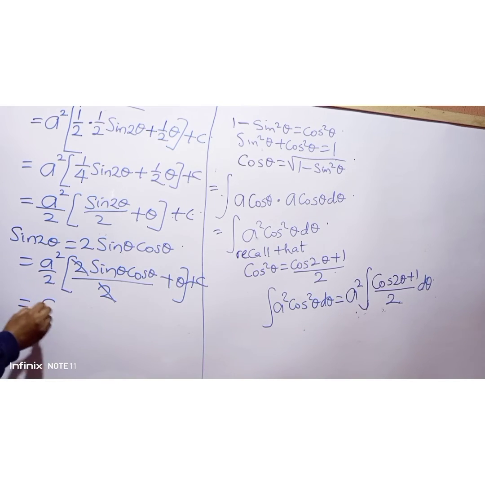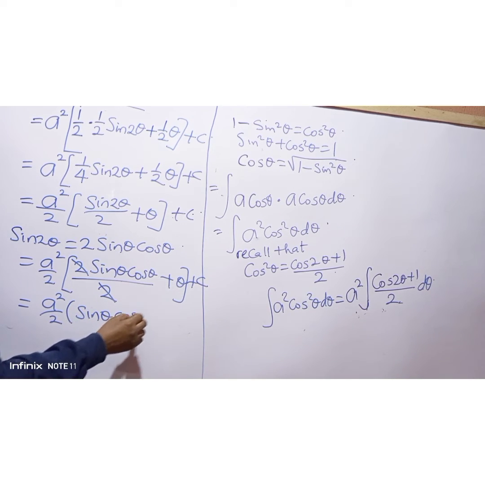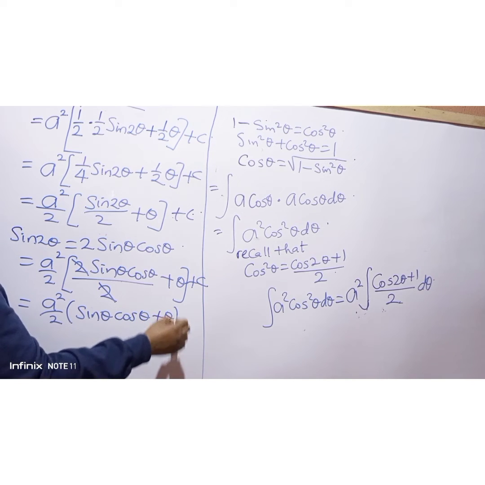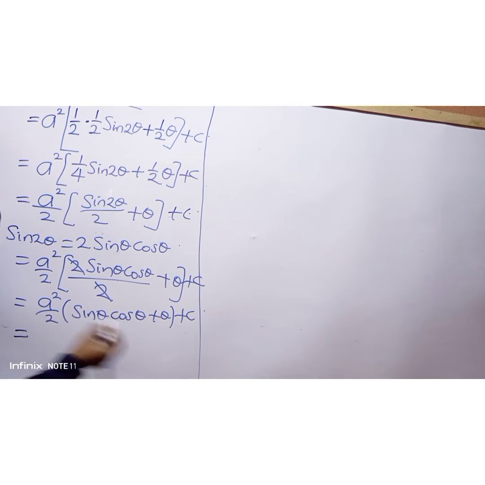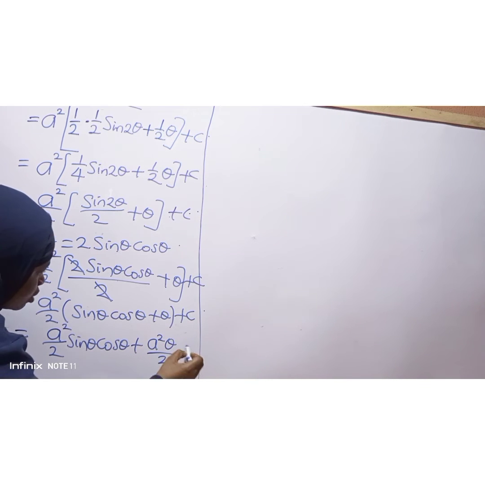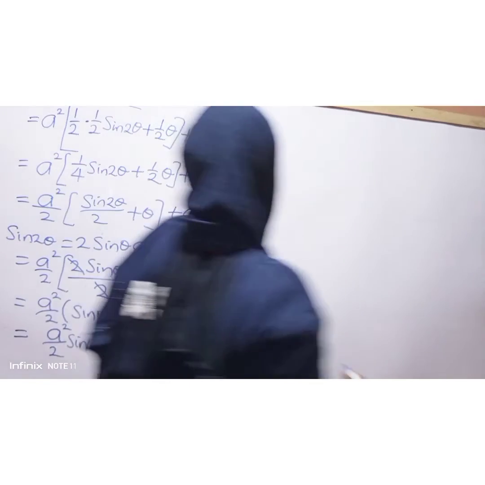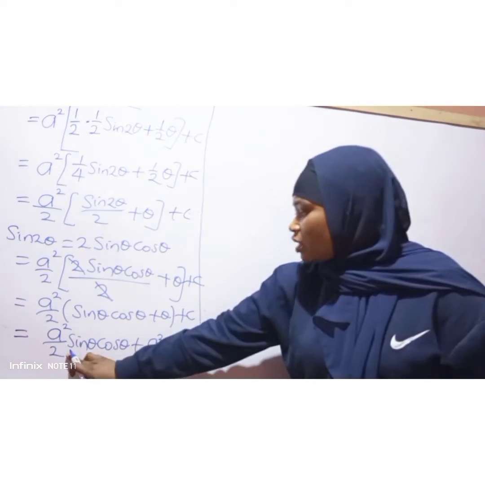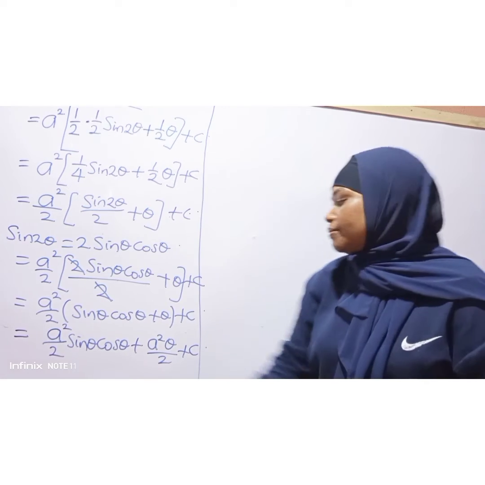So I have a squared over 2 into bracket sine theta cos theta plus theta, then plus c. I can expand and have a squared over 2 sine theta cos theta plus a squared theta over 2, then plus c. From here, I need to write values for sine theta and cos theta.